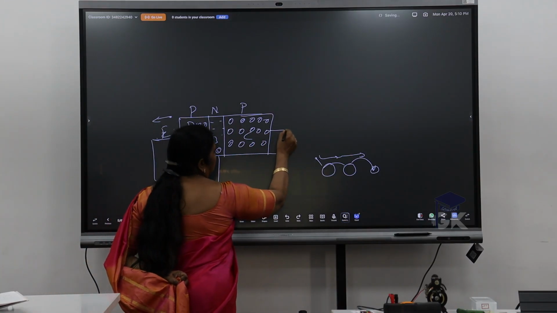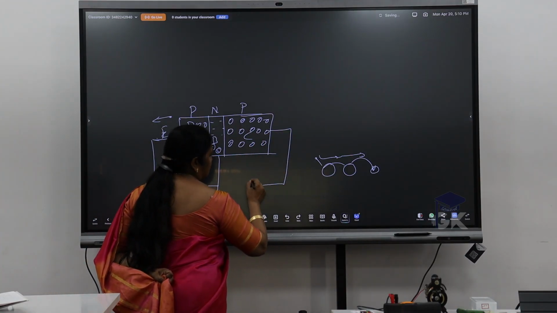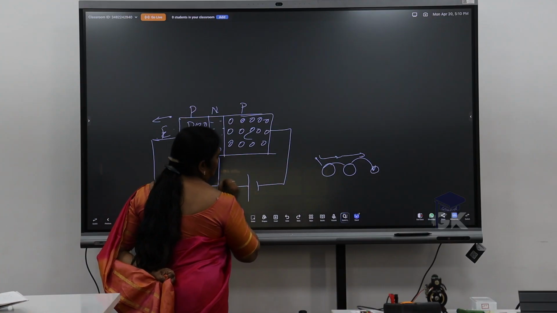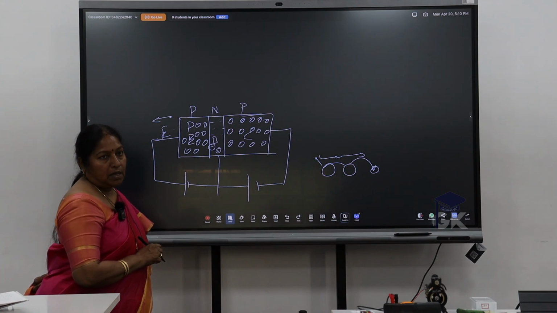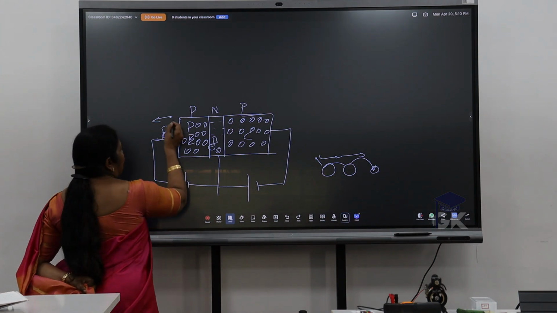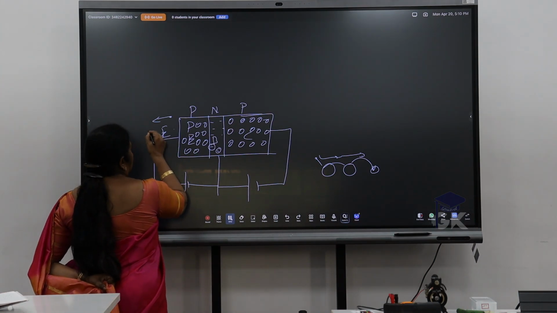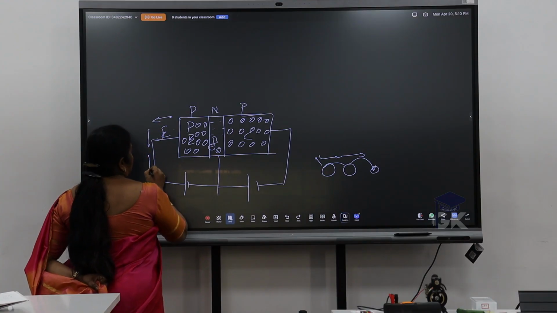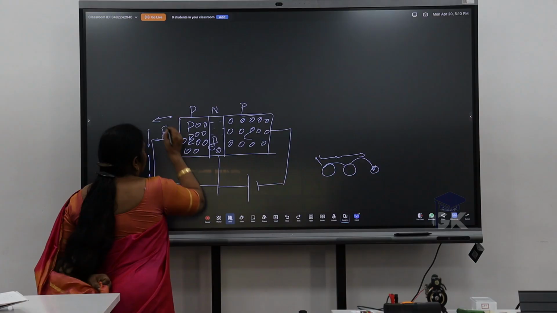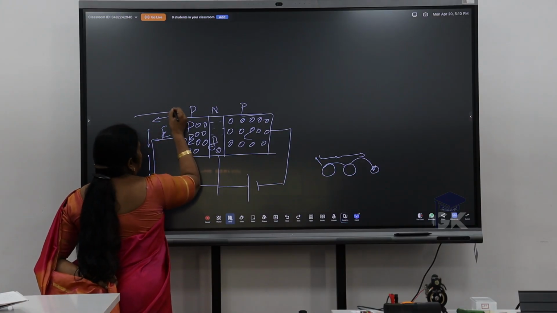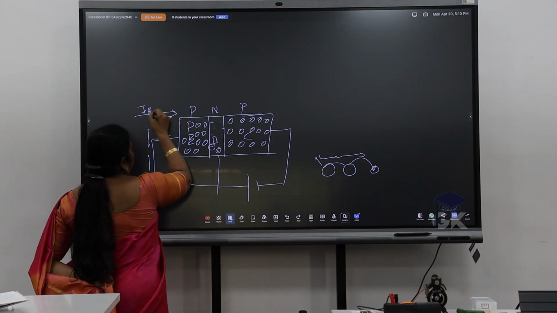The collector-base should be reverse biased. This is the polarity of external voltage we need to apply for conduction. Electrons move like this, hole movement is in the opposite direction. What is the current direction? IE is into the emitter.